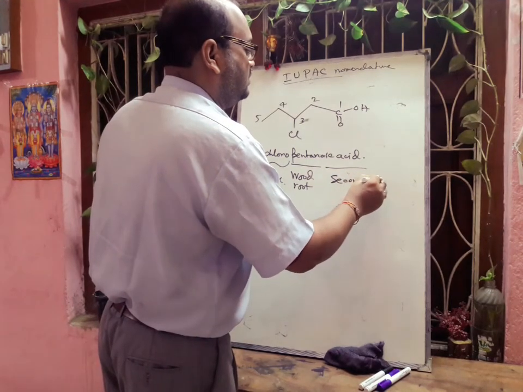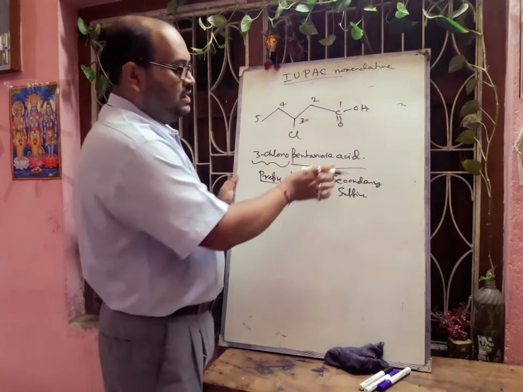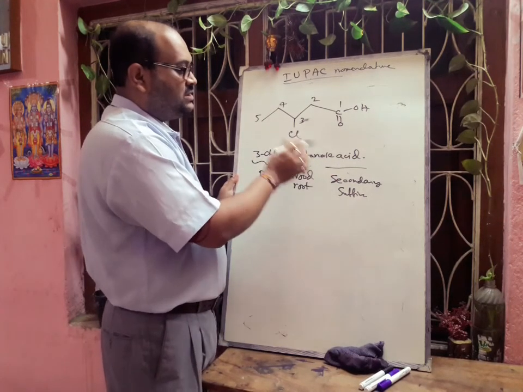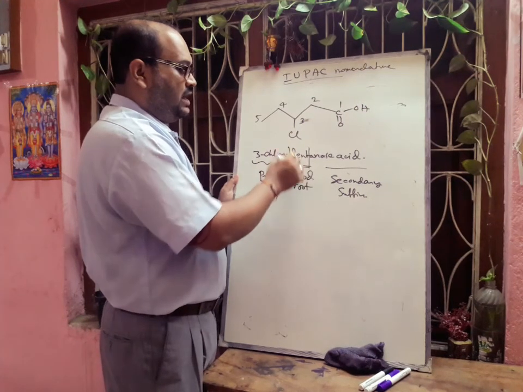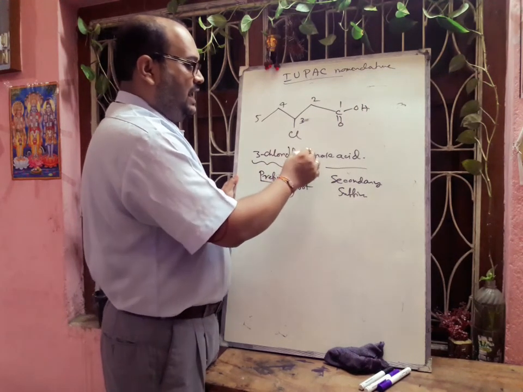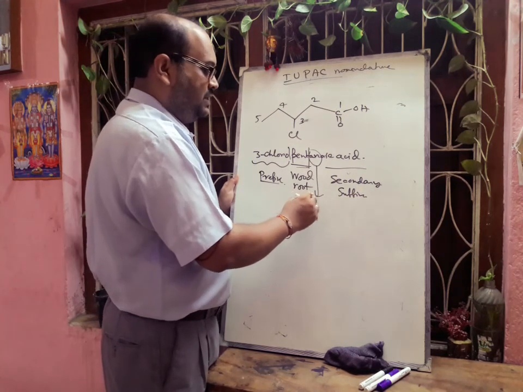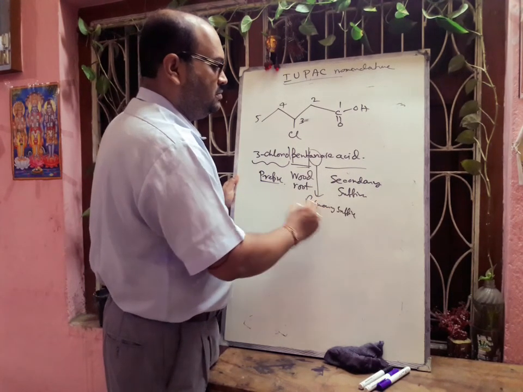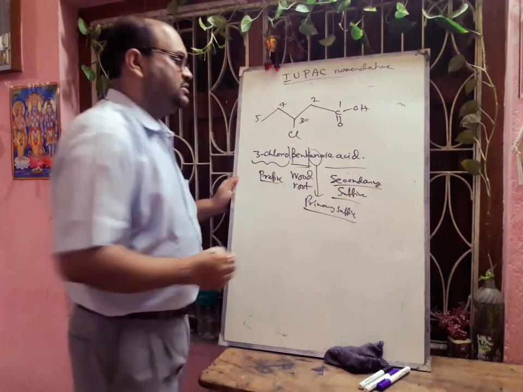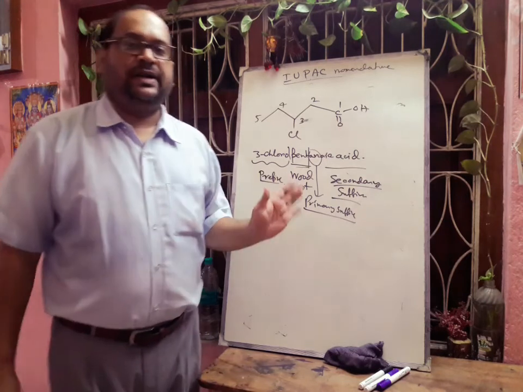Here we can think that pent is indicating that 5 carbons are present. So this one is the word root, and ane, the e is dropped, this one is the primary suffix, and this one is the secondary suffix. So in this way we have to write the IUPAC name of a particular compound.